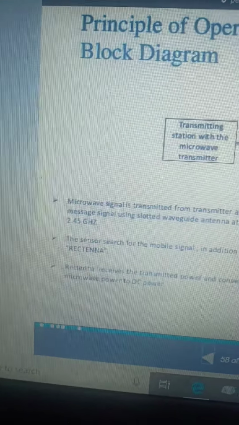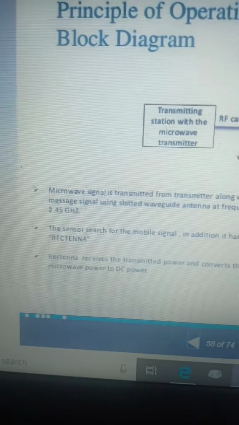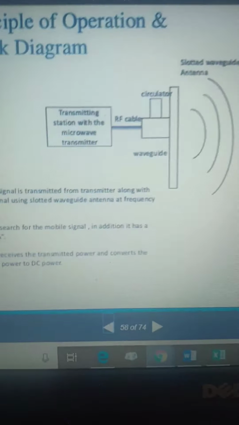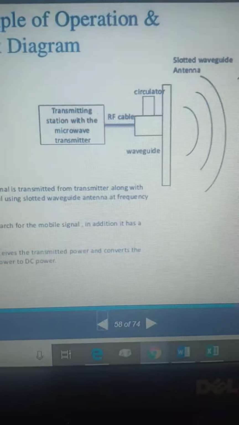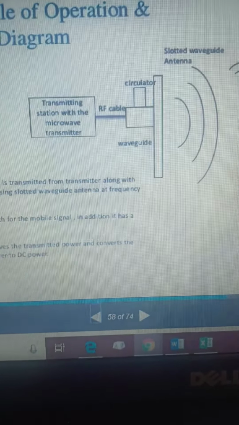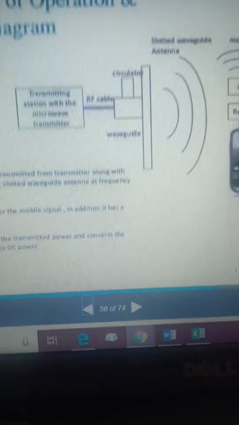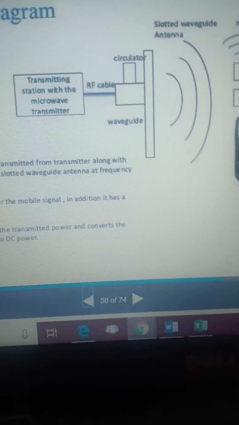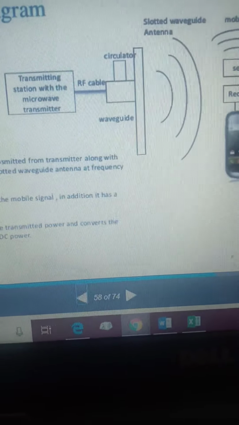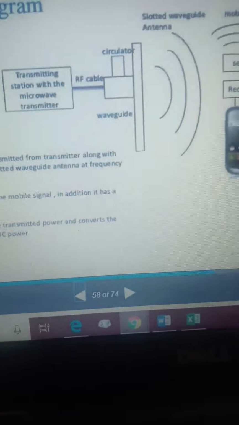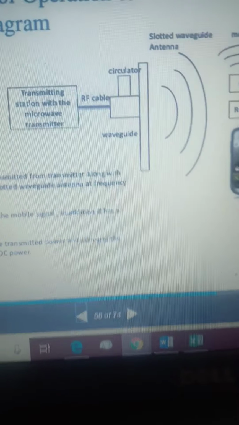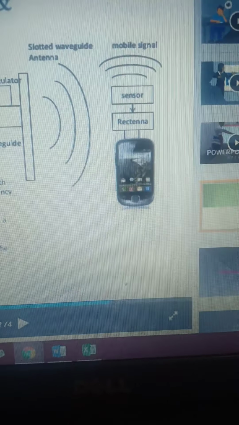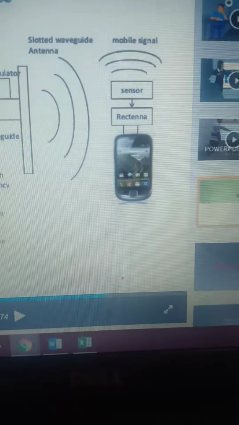In general, the principle of operation is that whenever the microwaves are generated by the transmitter, the slotted waveguide antenna transmits them. On the receiver side, the sensor detects the call.